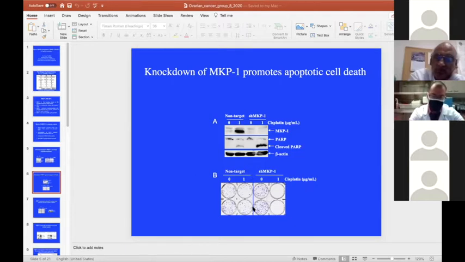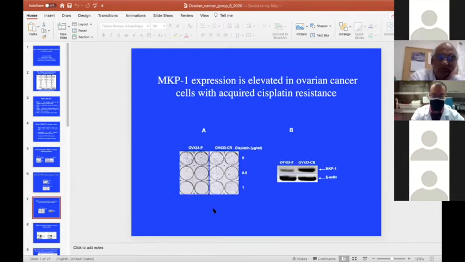Again, we show the opposing result: when we knock down MKP1, we can eliminate colony formation compared to the vector controls. So we have established the association of MKP1 expression with cisplatin resistance in the cell model.